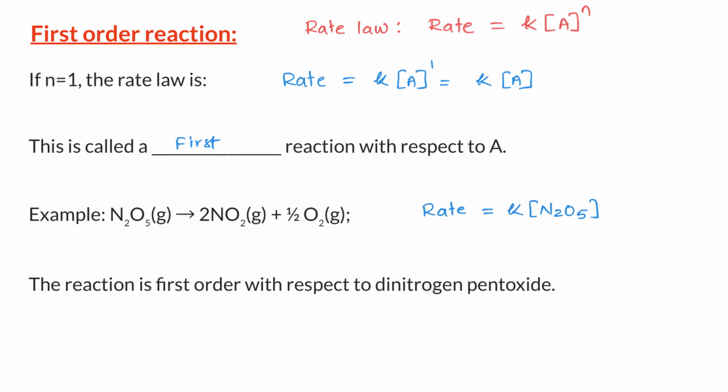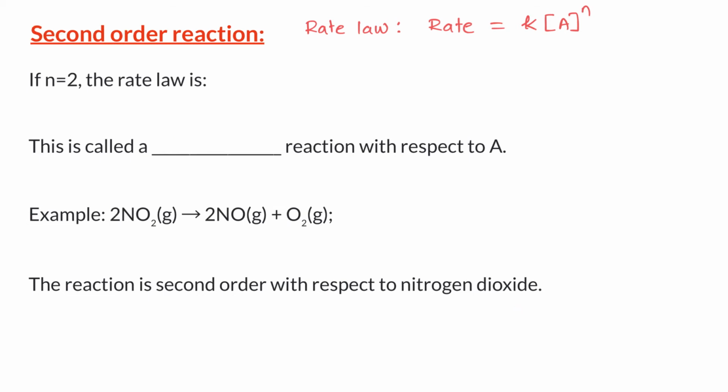The reaction is first order with respect to dinitrogen pentoxide. What it means is, if we increase the concentration of dinitrogen pentoxide by 2 times, the rate also increases by 2 times. That is, there is a linear relation between the reaction rate and concentration of dinitrogen pentoxide.